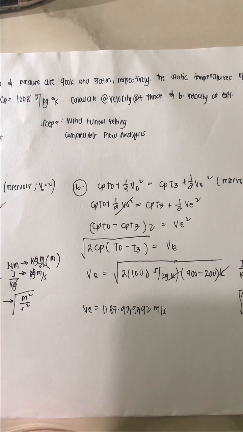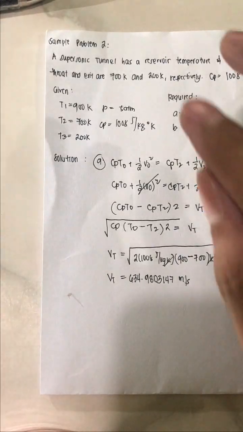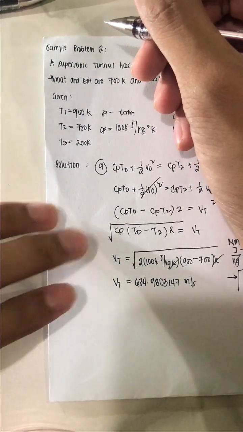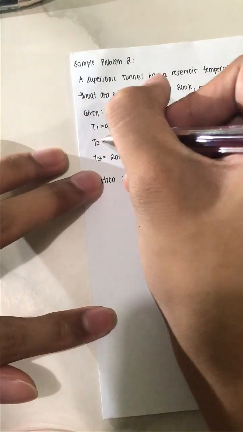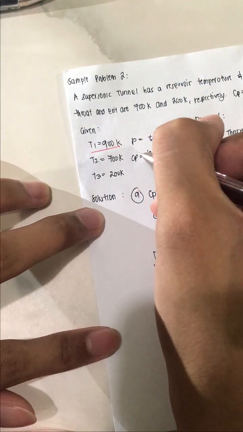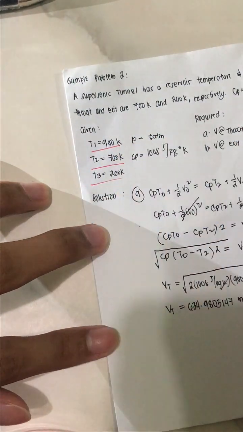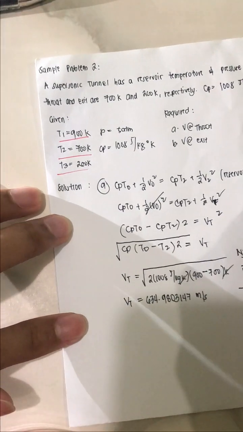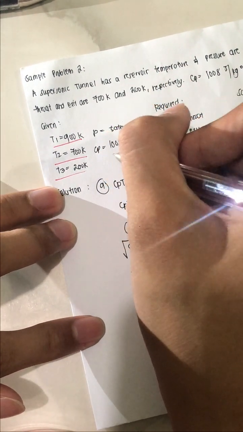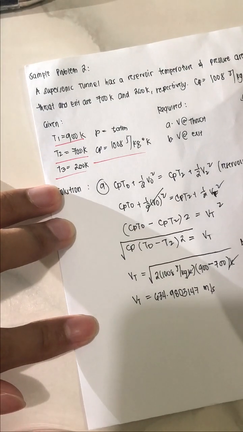Calculate the velocity at the throat and at the exit. So here we have the temperature at the reservoir, T1, at the throat, T2, and at the exit, 200. We also have the Cp for air, which is 1008 joules per kilogram Kelvin.